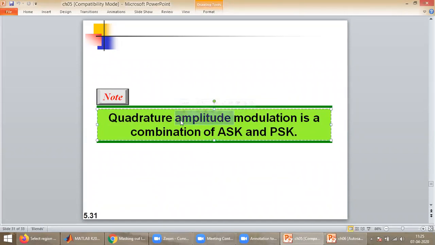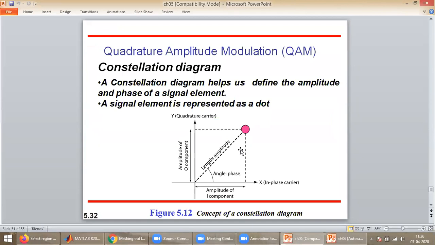Quadrature means the phase value, amplitude means the amplitude value. So therefore you have to explain both the amplitude shift keying method and the phase shift keying method.